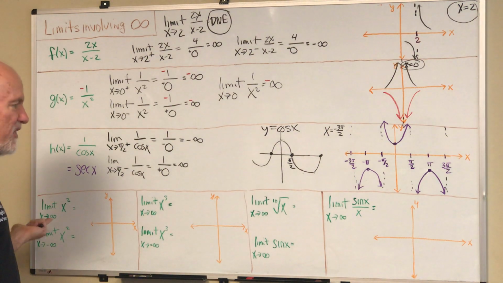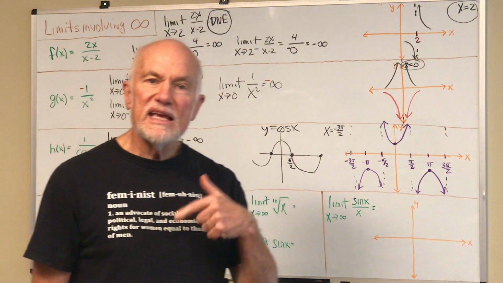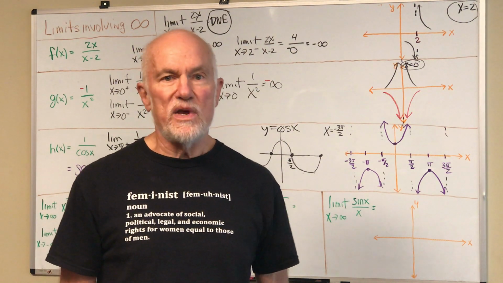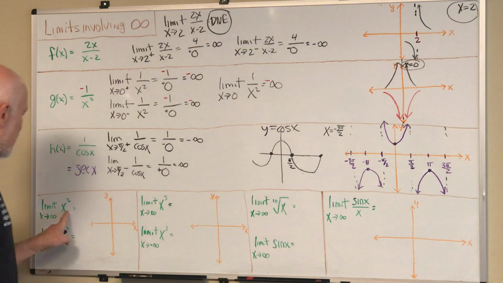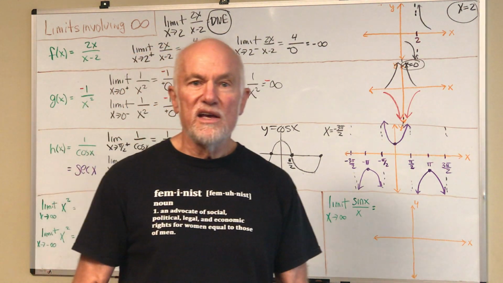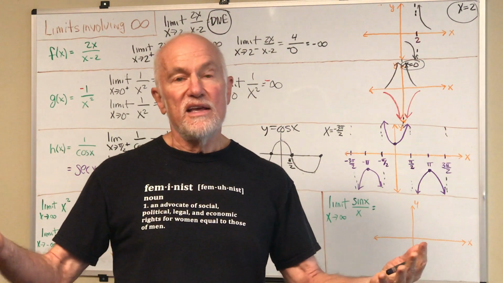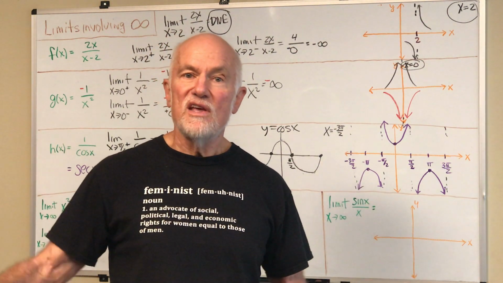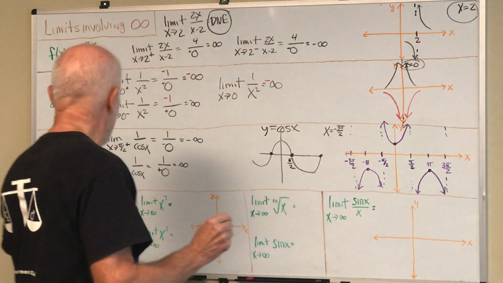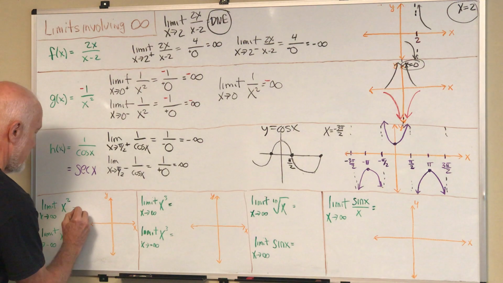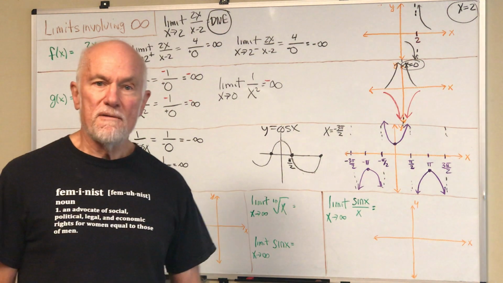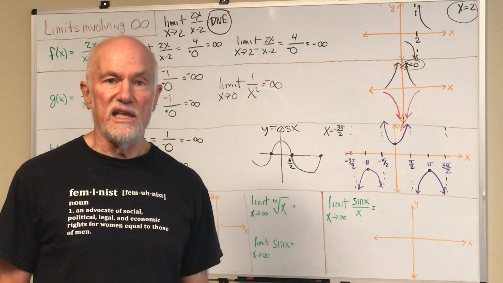Well, a lot of this can be done just by common sense and knowledge of what functions are doing. Like, for instance, x squared. What happens as x gets really large? What's 1,000 squared? It's a huge number. 1,000,000 squared. It's getting astronomically large. So we just know without doing any calculation that that approaches infinity. That limit would just be infinity.